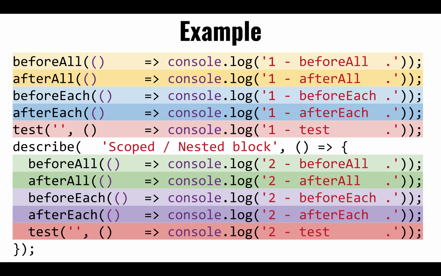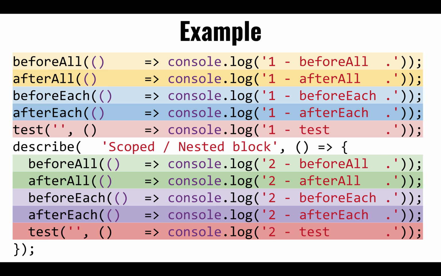Here's one. It's color-coded just so that we can follow along with what's going on. Notice that we're declaring a before all, which is going to log one before all, and then here an after all, which is also going to log after all. All of these, before all, after all, before each, and after each, have a 1 and then the correct label.